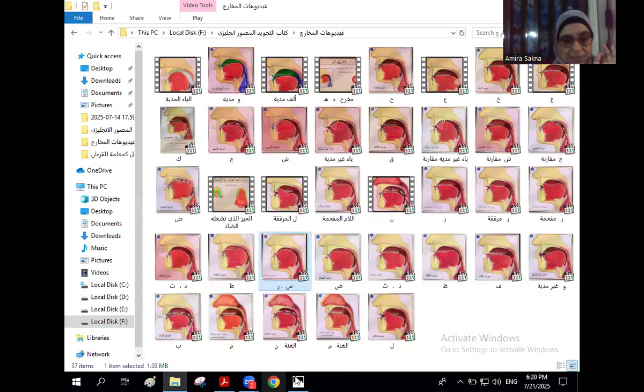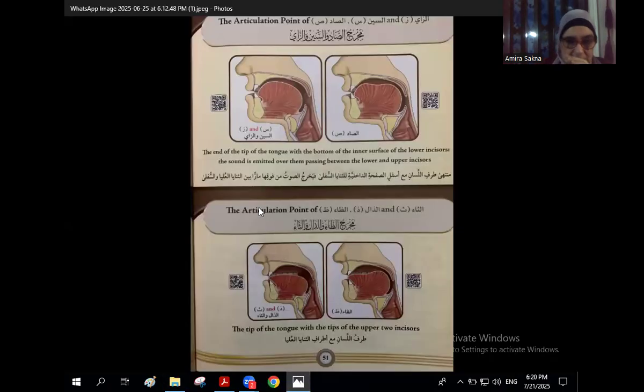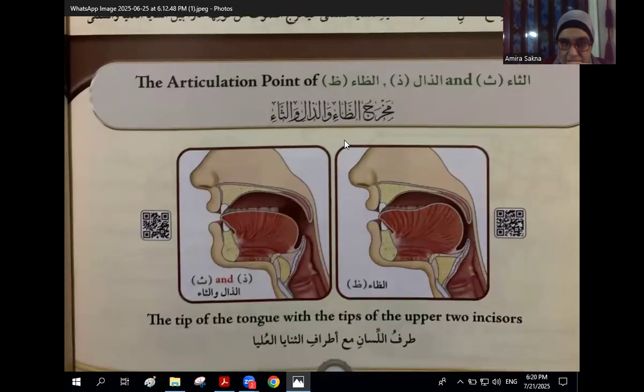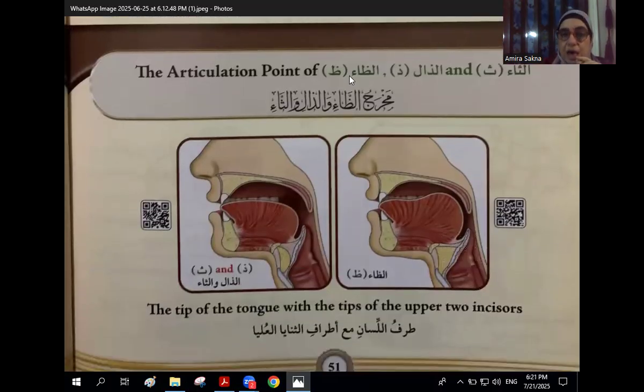Let's go to the last family today with us, which is the family of waw, fa, and ba. The waw, ba, and fa are all articulated from one articulation point. As usual, each family has only one heavy sound. Here we have the waw, ba, and fa light letters.